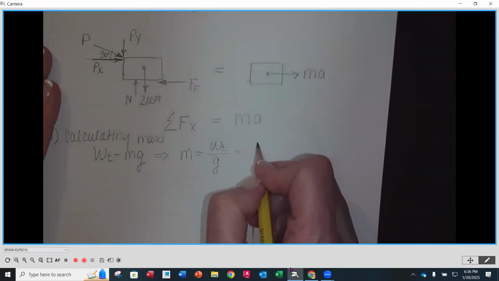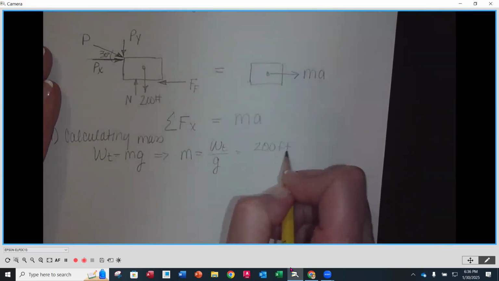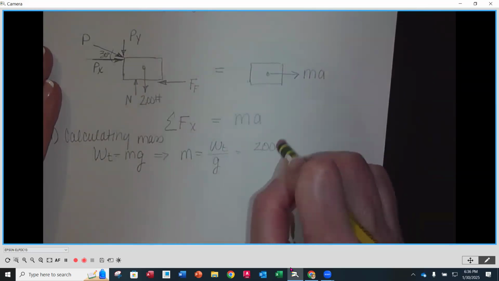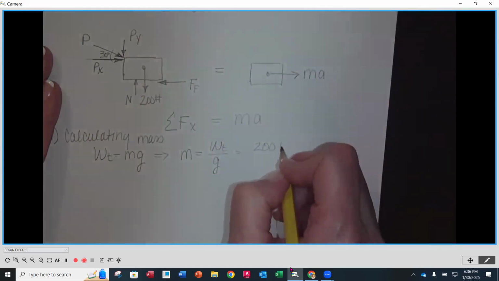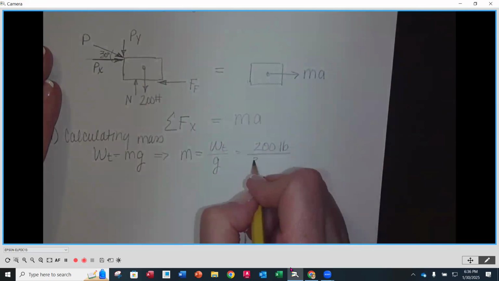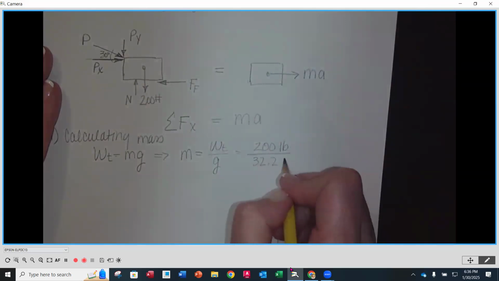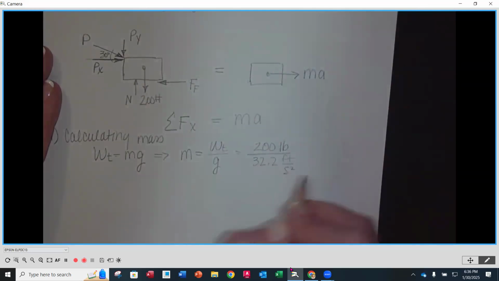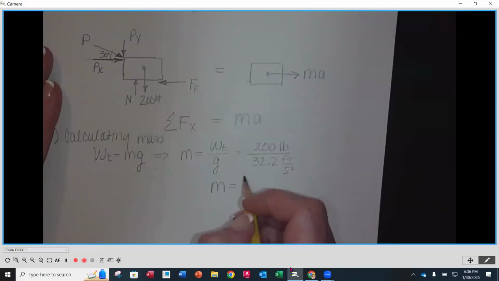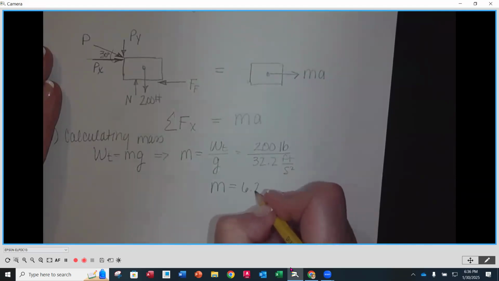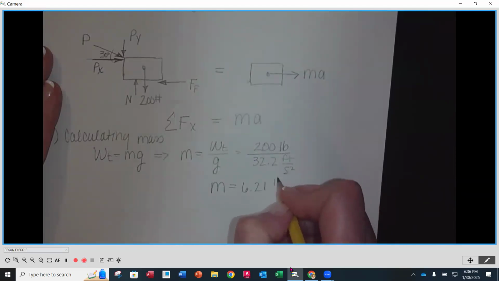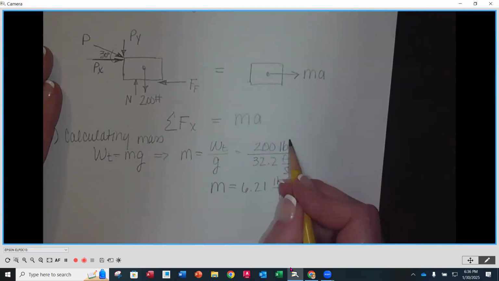So we can say 200 pounds divided by 32.2 feet per second squared. Okay. So our mass, if we divide 200 by 32.2, you should get 6.21 pounds times second squared divided by feet, because these seconds squared are going to multiply on top.